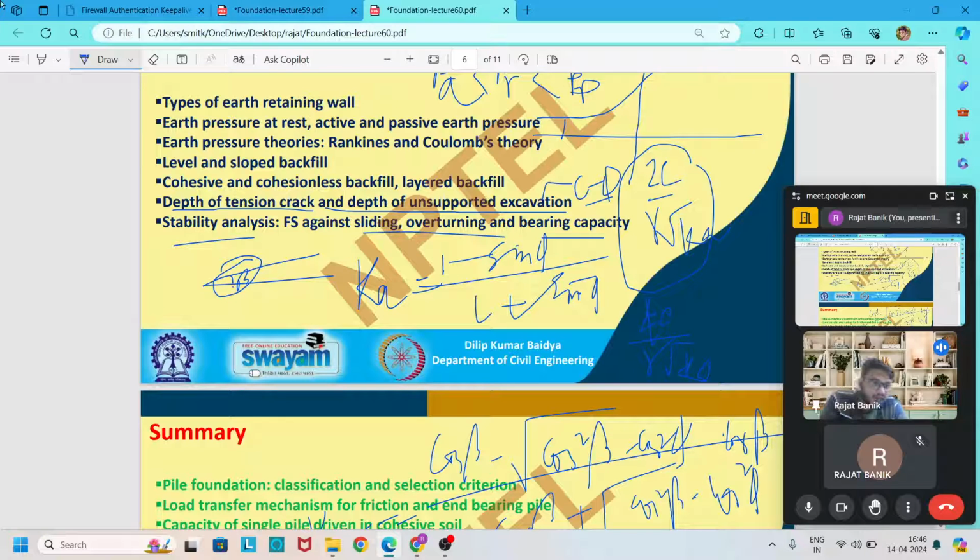B is the width of the foundation, so B by 6 of the width of the retaining wall. If it is greater than B by 6, it may be possible, due to the stress arrangement, to create some tension at the base of the retaining wall, which is very dangerous, because soil is weak in tension and there may be failure of the retaining wall.